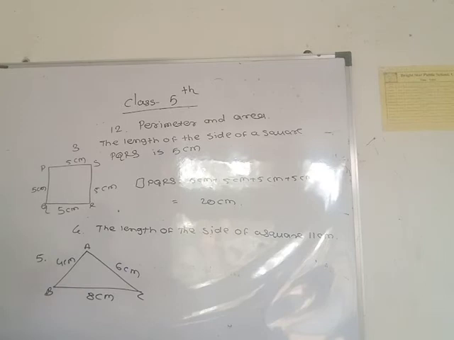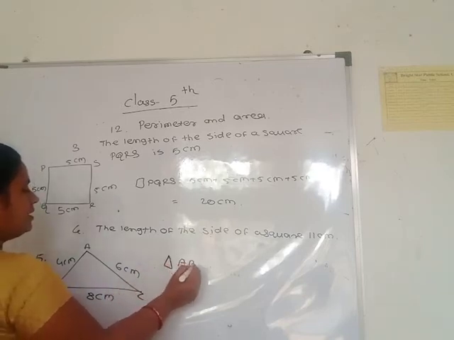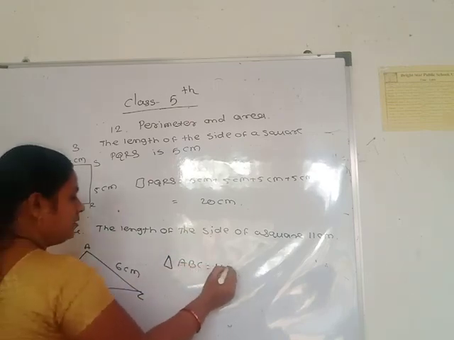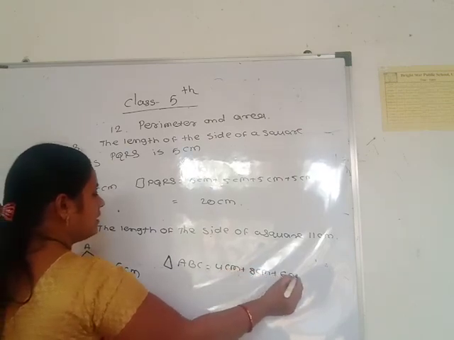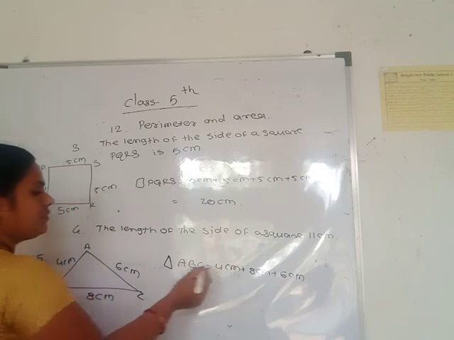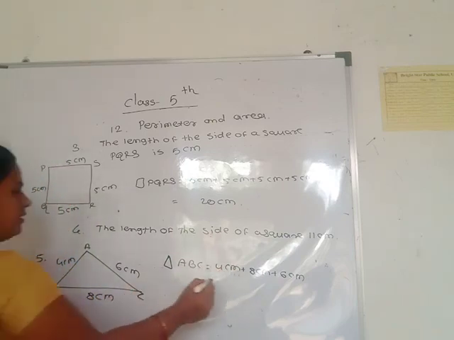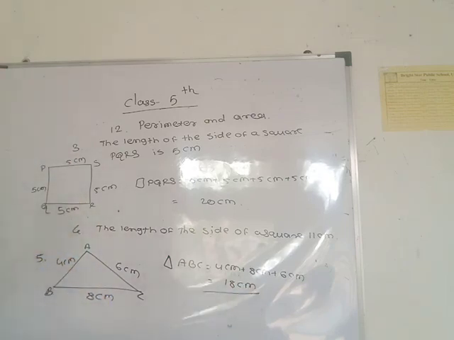What is the perimeter of this triangle ABC? It is equal to the sum of the lengths of all three sides. Then 4 centimeter plus 8 centimeter plus 6 centimeter. 8 plus 4, 12; 12 plus 6, 18 centimeter. Means the perimeter of triangle ABC is equal to 18 centimeter.